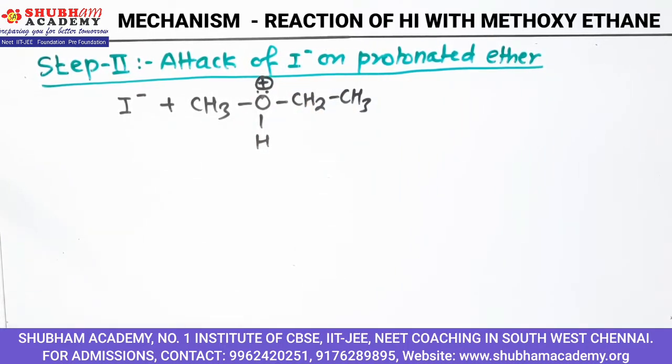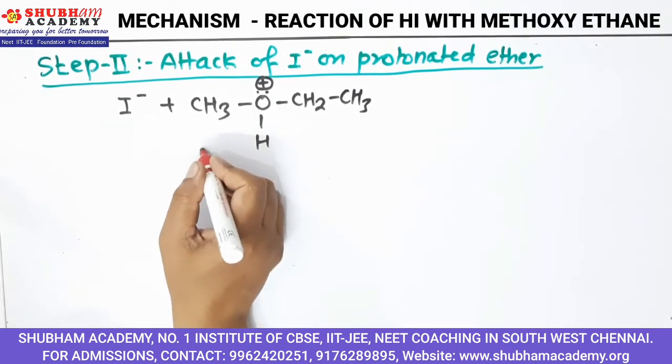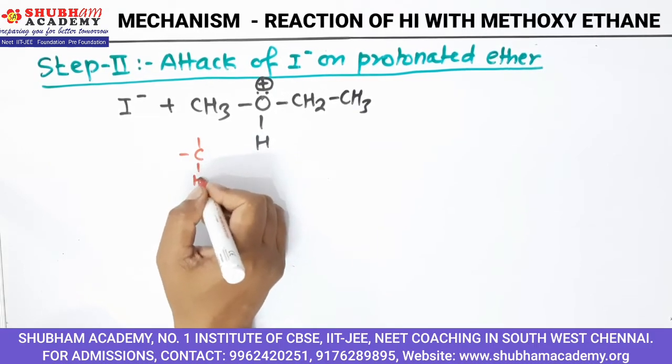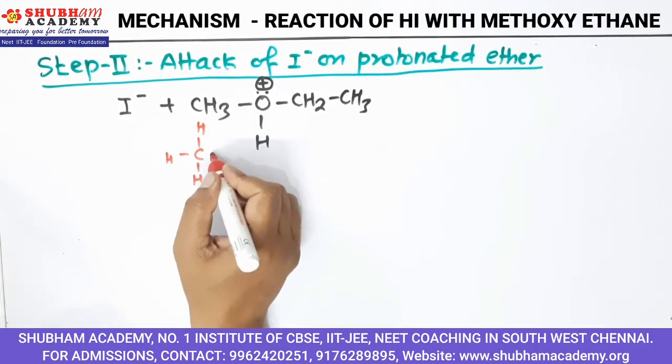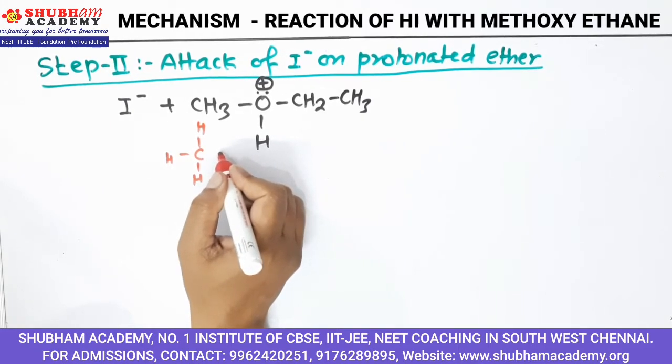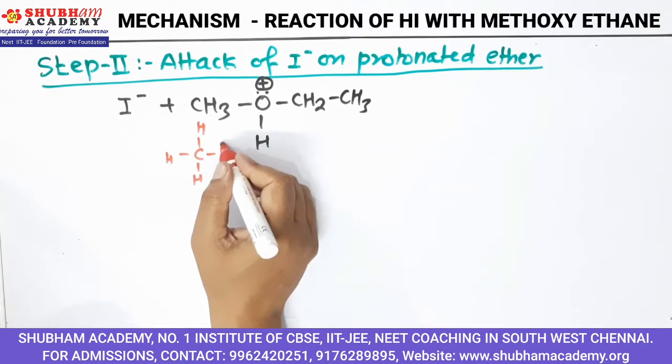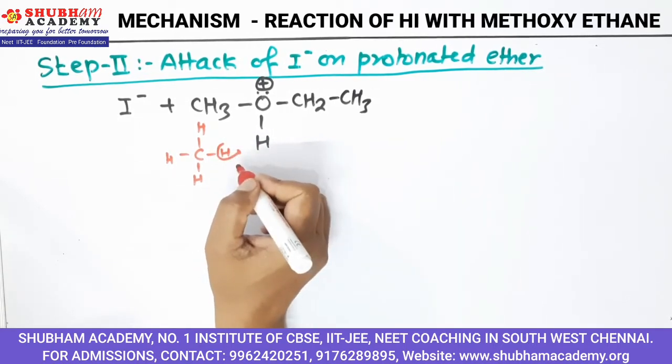Now you can see here this carbon, three sides you have hydrogen, right, and one side is oxygen, right? So here in place of hydrogen this is substituted by oxygen, right?